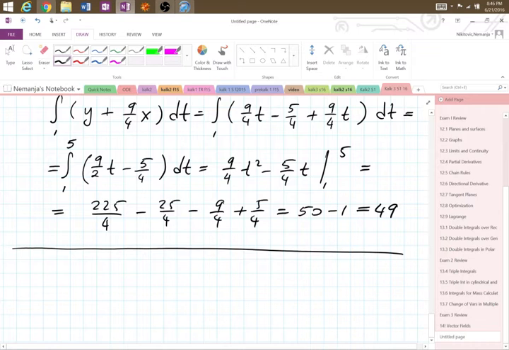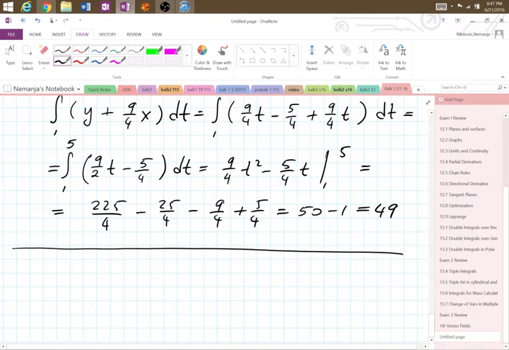All right, let's see what else is very important stuff. Okay, that's a fancy notation. Work is an application.